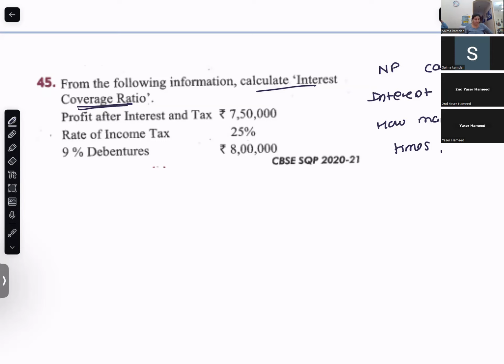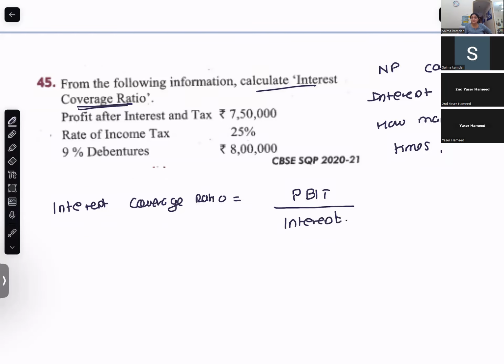What is the formula for the interest coverage ratio? Okay, I will write the formula. Please write the formula along with me. Interest coverage ratio is equal to profit before interest and tax divided by interest.